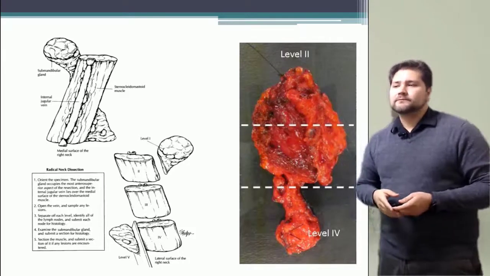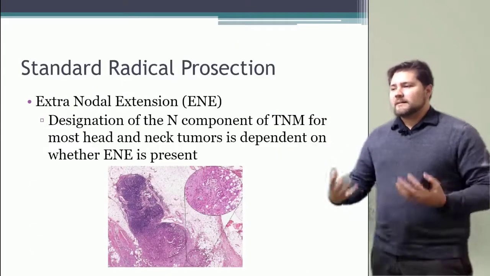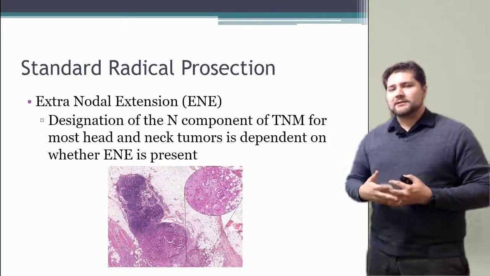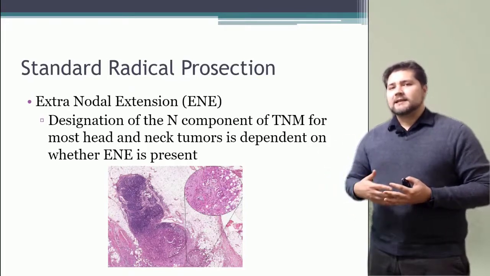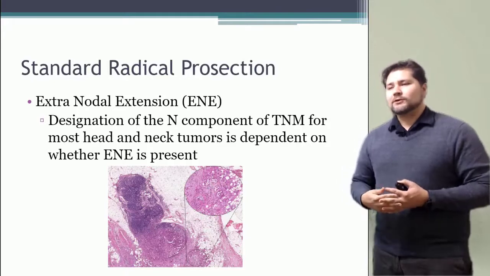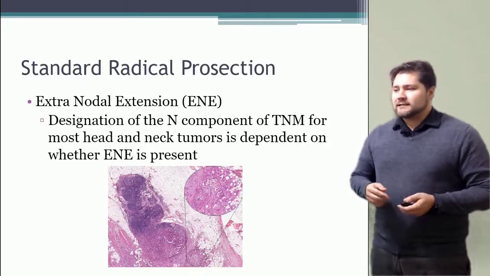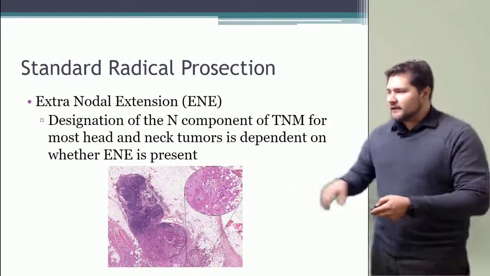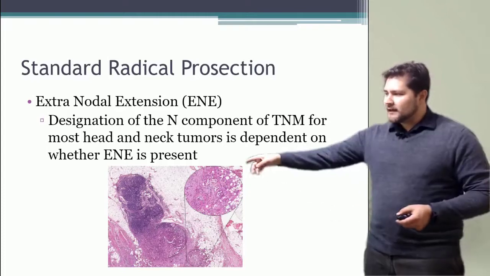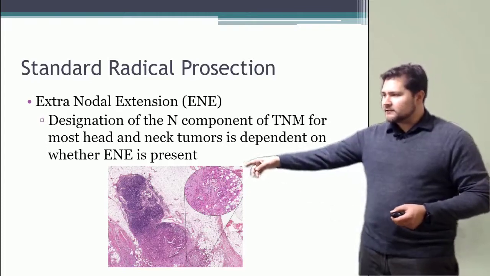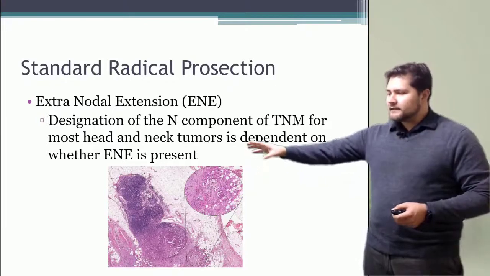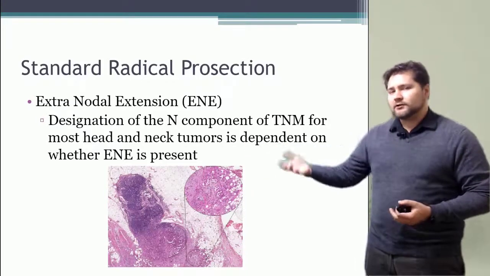So again, I mentioned several times, extranodal extension is super important for a lot of the staging criteria for these head and neck tumors. And so what you're looking for in these cases is, if you can kind of see way back on the left side there, that highly basophilic tissue is your lymph node.